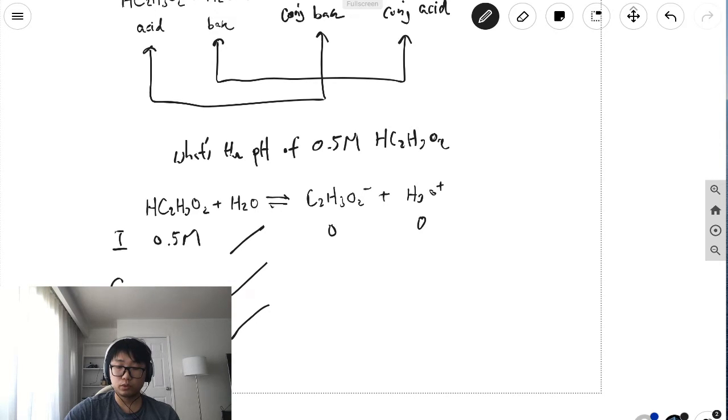So the acetic acid is going to subtract by X, and that's because the balanced equation is 1, 1, 1, 1. They're all ones. If you see a 2 in front of it, that would be minus 2X, right? Because they're saying for every X amount that's taken from the acid, you're going to gain an X amount for the acetate, and an X amount for the hydronium. So we have minus X, plus X, plus X. So what does that give me at the end? At the end, I have 0.5 minus X. I have X here, and I have X here.